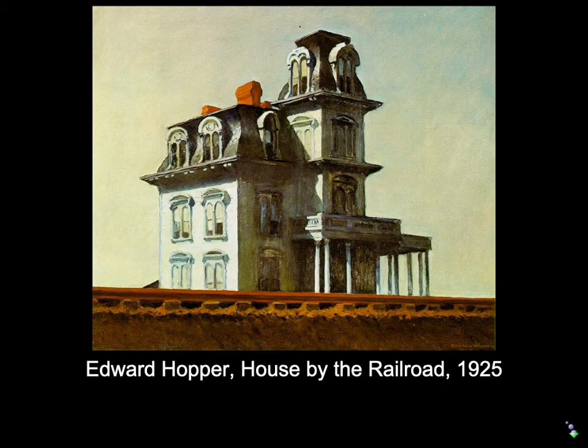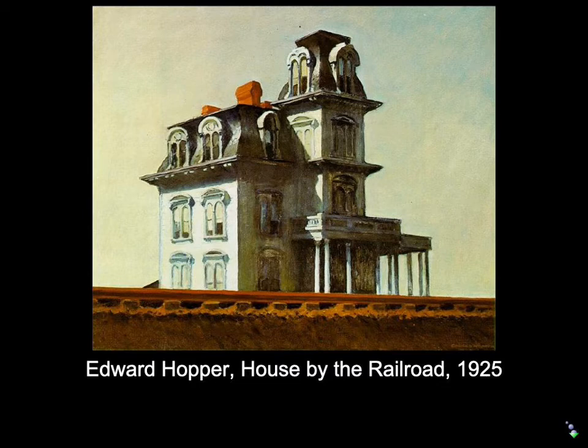But this one seems very isolated. There are no neighbors here. And the way he handles details like the blinds in the window, most of them are closed, a few are partly open, half open, a couple are all the way open, which almost suggests an animation to the house or a kind of dynamic psychological quality to that house.